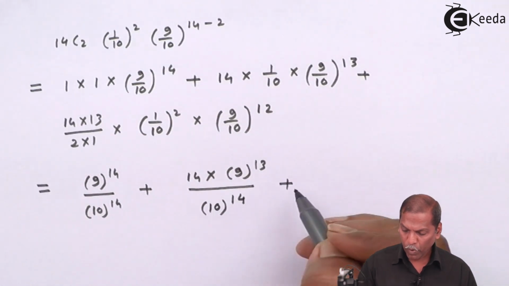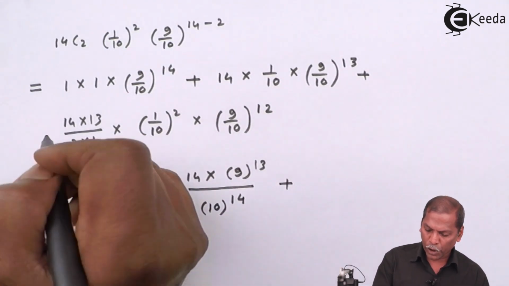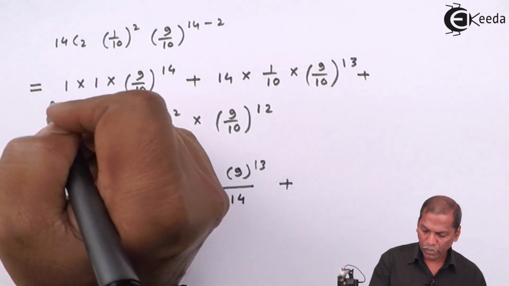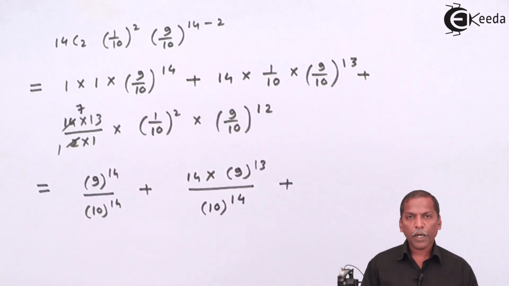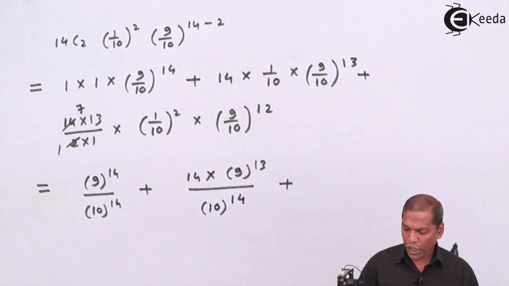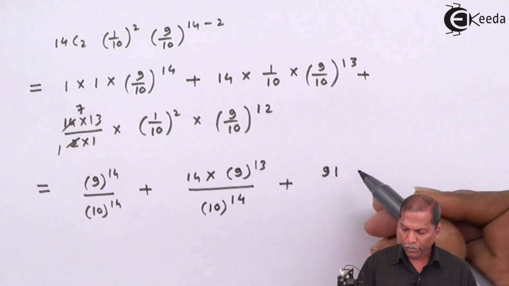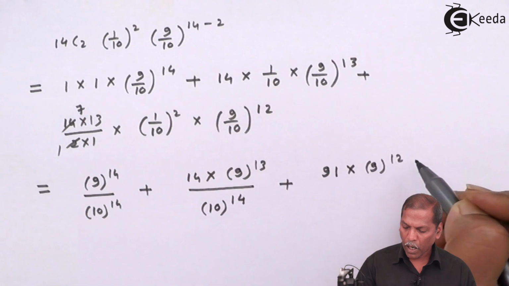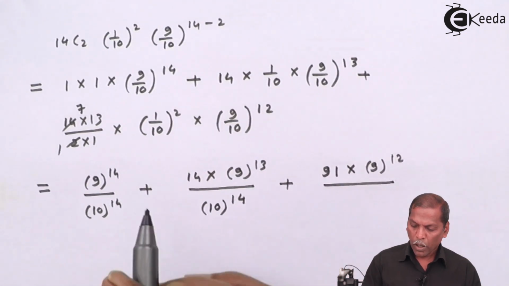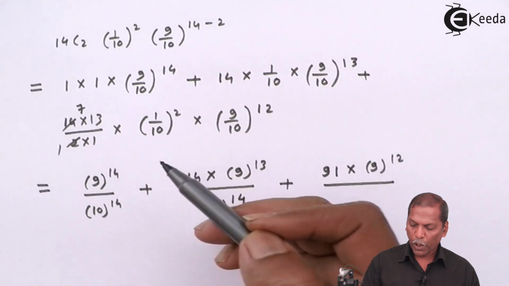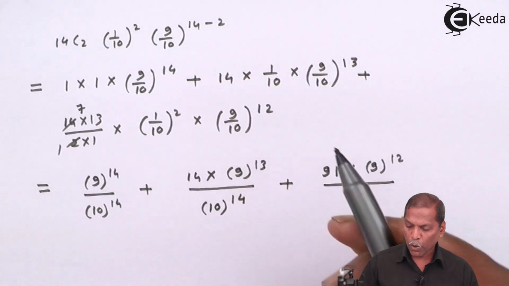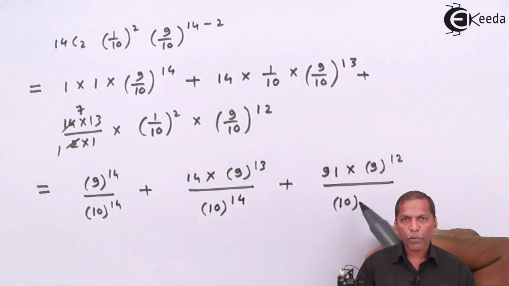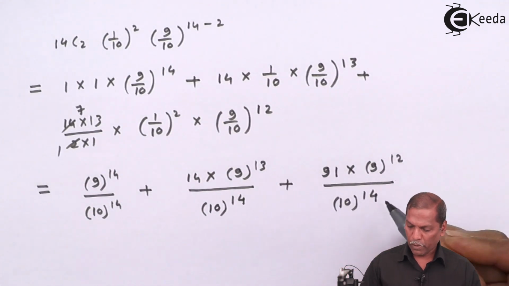Then plus. Here we go for cancellation, 2 ones are 2 and 2 sevens are 14. So 13 into 7, that gives 91 into 9 raise 12 upon 10 raise 2 into 10 raise 12. So by using the indices rule, we get 10 raise 2 plus 12, that is 14.